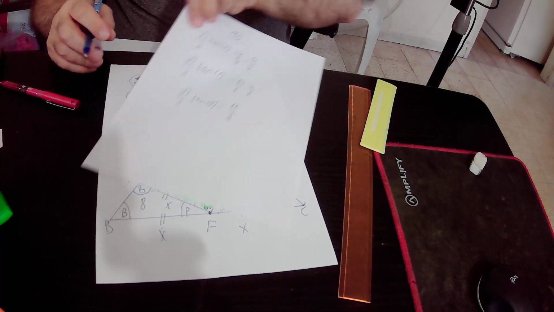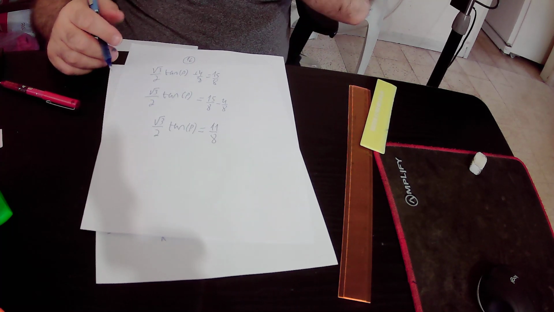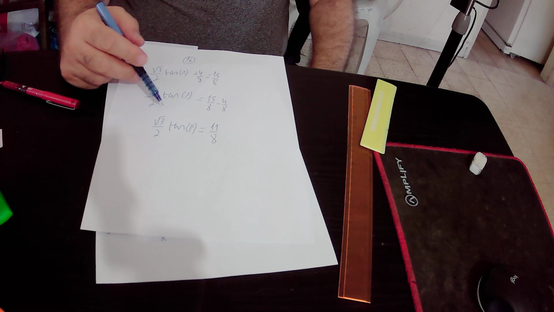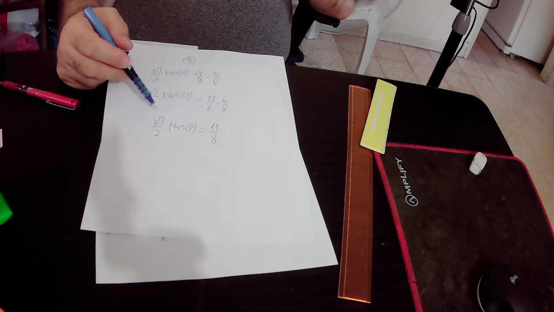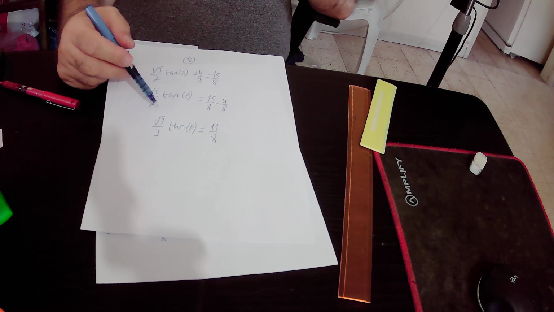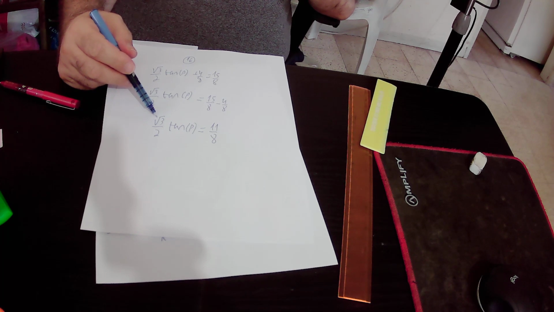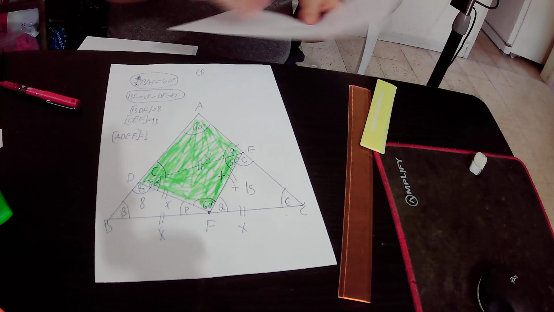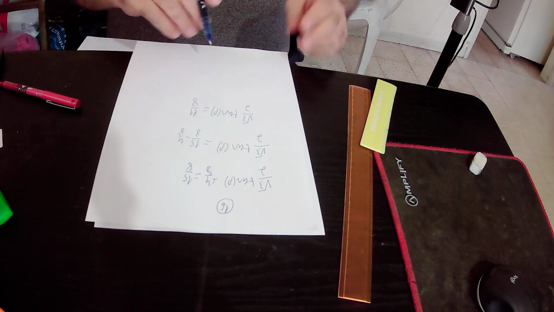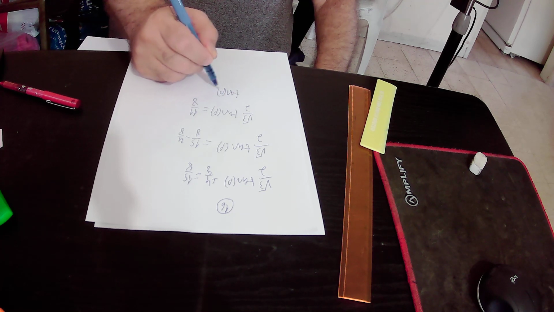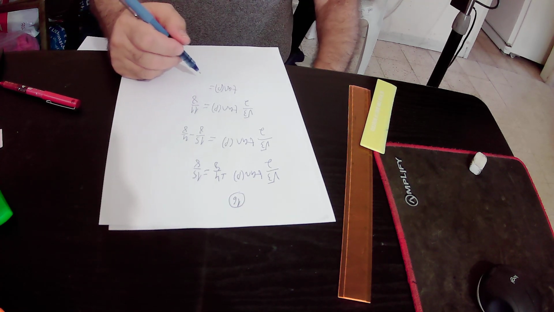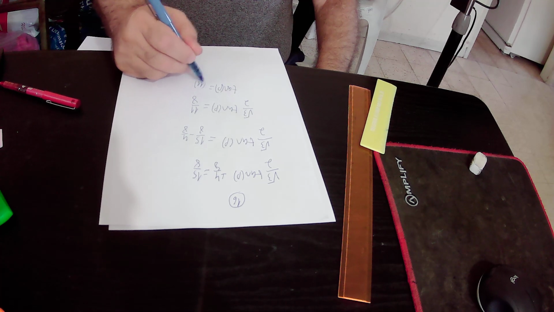So here we will multiply this equality by 2 and then divide it by root 3 in order to get the value of tangent p.